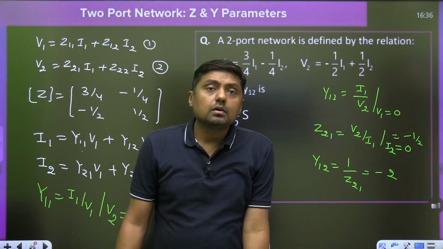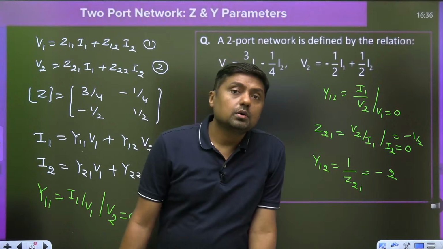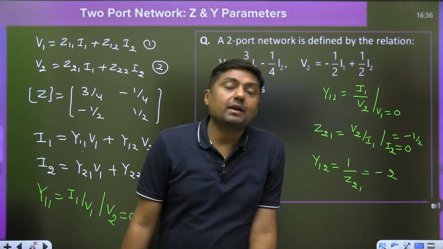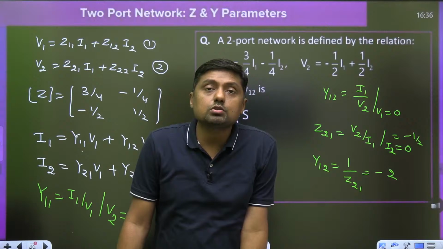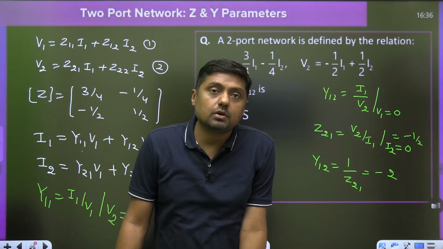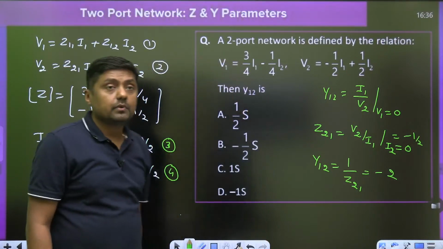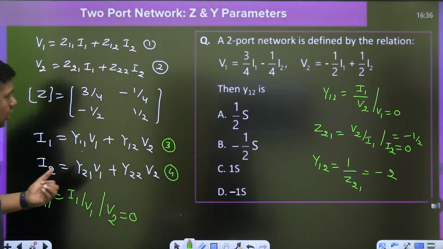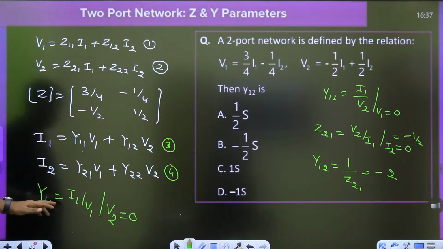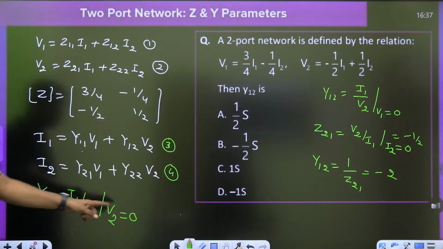Why not? We have to find the inverse of the matrix. That is the method. Why can't we say it? Because when we say y11, it is I1 upon V1 with V2 equal to 0.